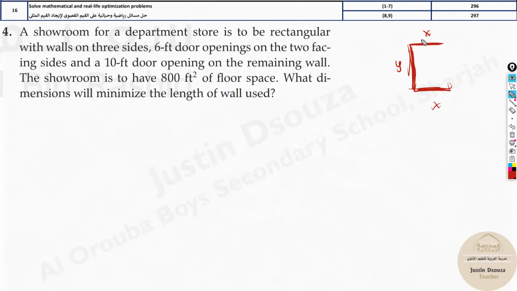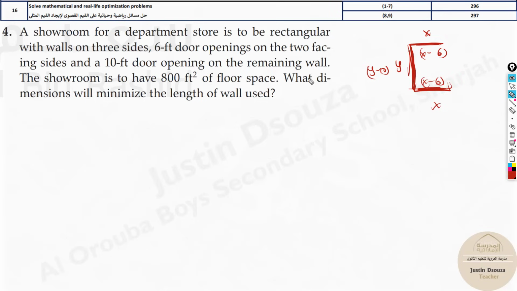So it'll be X minus 6 feet over here. Same thing over here, x minus 6 feet, and over here it will be y minus 10 feet. They have clearly mentioned it. 3 walls only, and these are the door opening on the remaining wall.